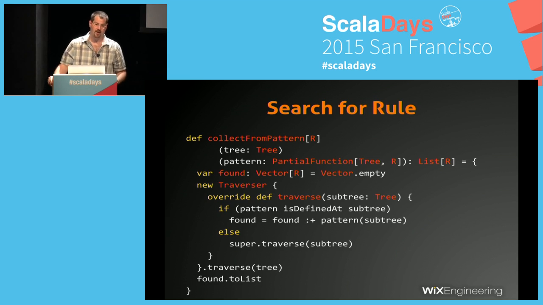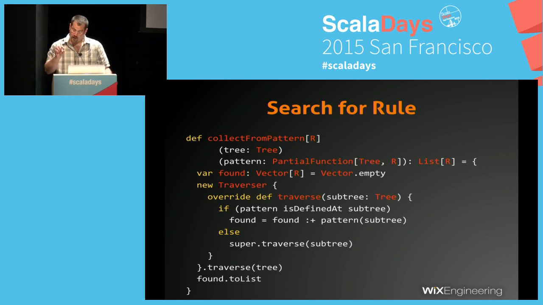In order to implement that, first of all, I need some intermediate data structure to actually collect the results of those partial function applications, which is called found. It's just an empty vector to begin with. I use something that's provided by the Scala Reflection API called traverser, which is basically a very simple abstraction that recurses over abstract syntax trees in a very, very simplified manner.